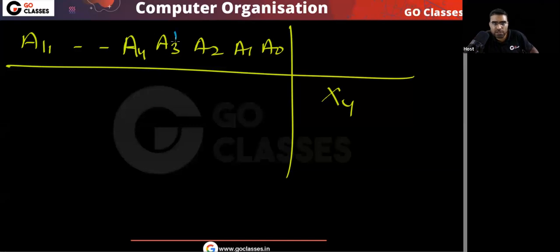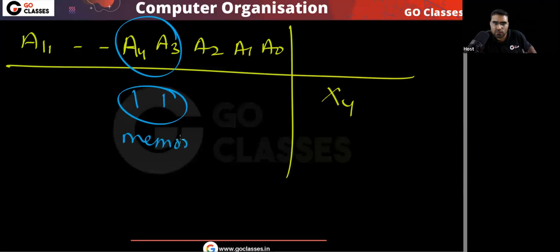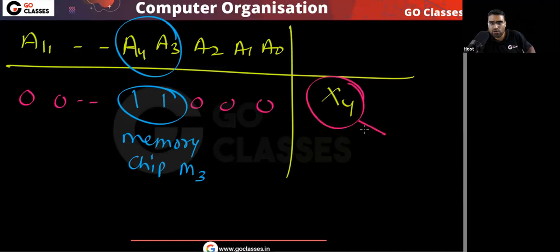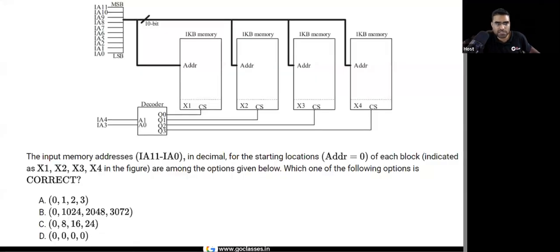For X4, what you need is 1, 1 for memory chip M3. For the starting address, you will make all 0. Now, what is this X4? If you calculate this, that is 24, right? Yes or no? So what is the answer? The starting addresses are 0, 8, 16, 24.